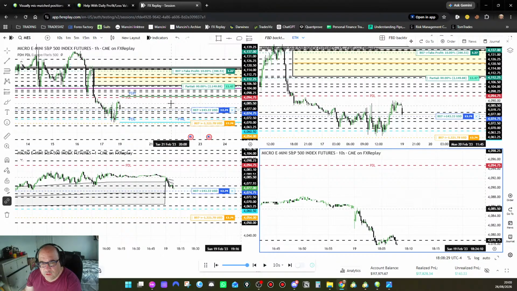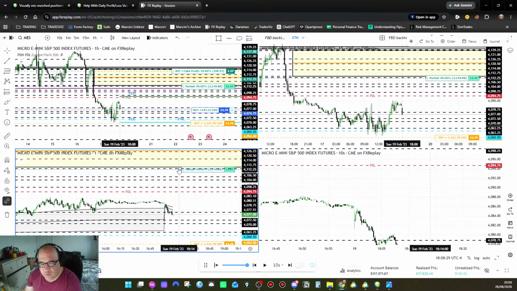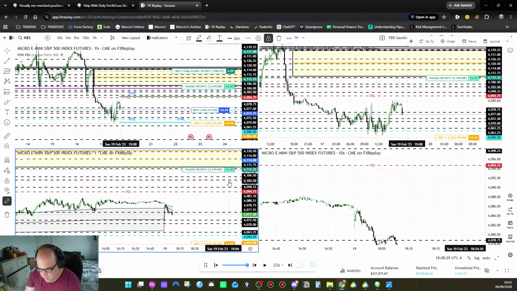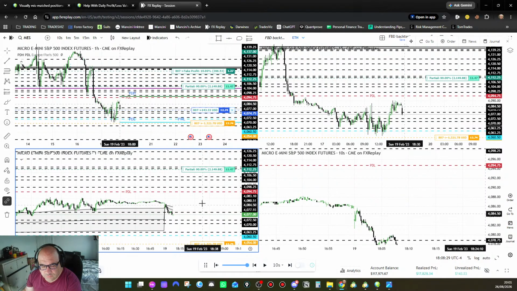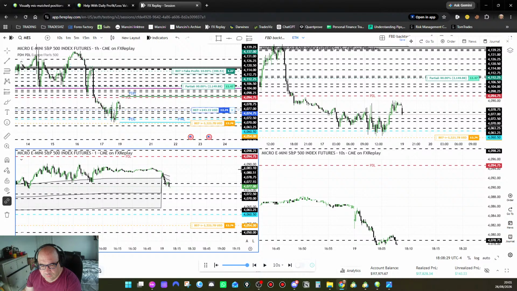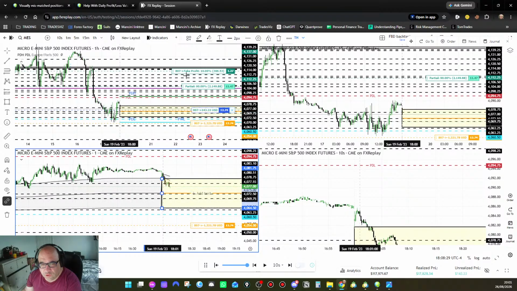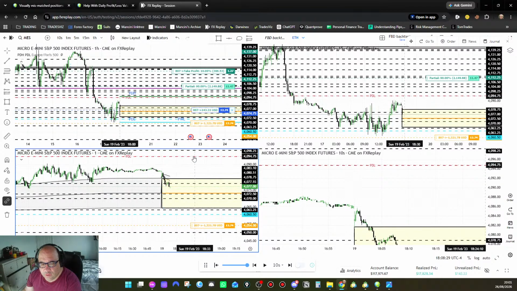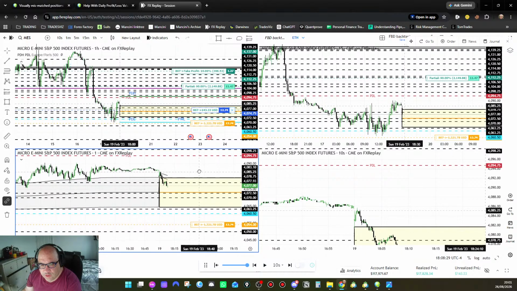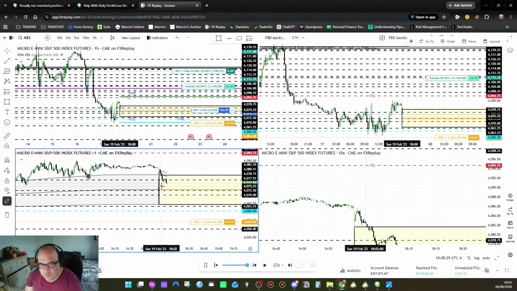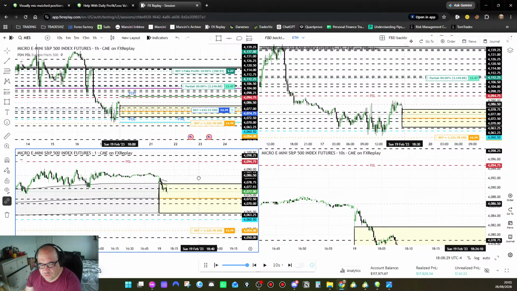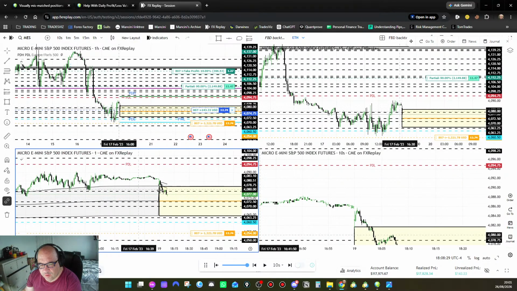So we now need to readjust the previous VWAP. Okay, cool. Let's see how it's gonna play out now. We're above the VWAP. If it wants to go higher, the previous VWAP should hold.